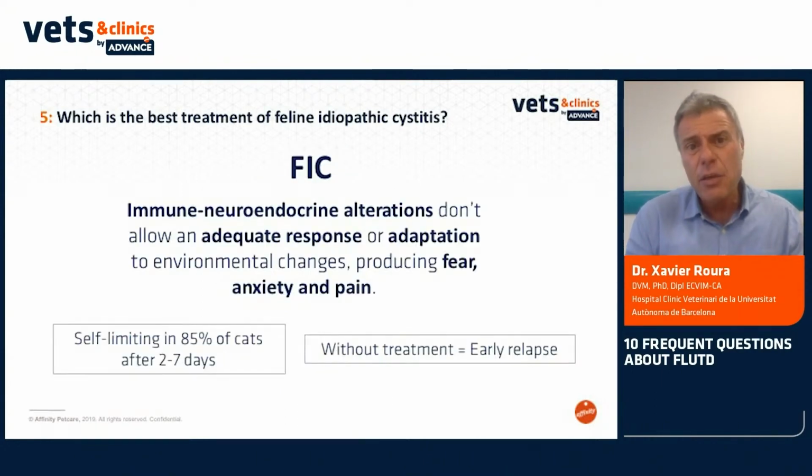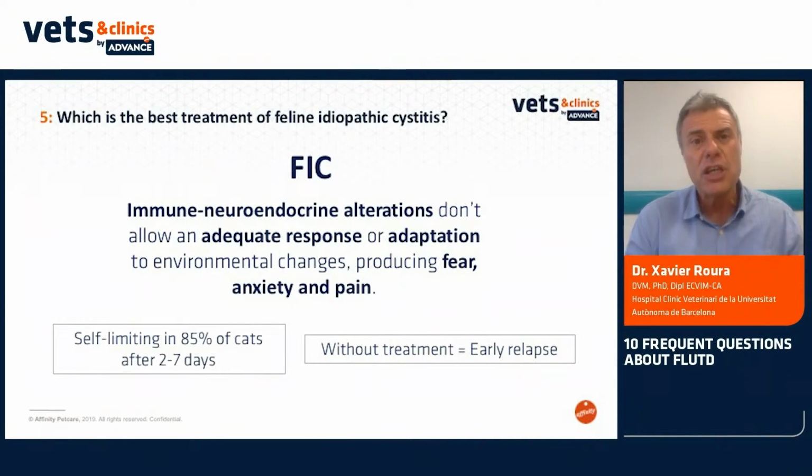So feline idiopathic cystitis, in general, we assume is a kind of immuno-neuroendocrine alteration that doesn't allow the cat to respond or to adapt adequately to the environmental changes, producing fear, producing anxiety, and sometimes pain. And this pain, this anxiety, this fear produce other kinds of changes that at the end produce the clinical signs associated to feline idiopathic cystitis.